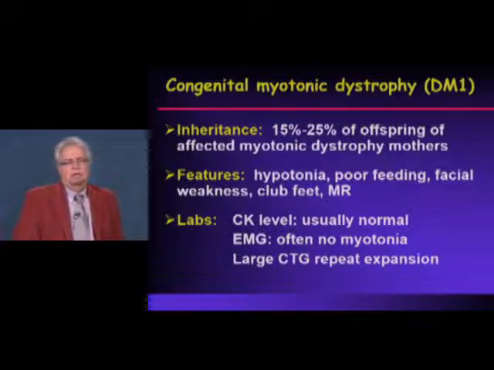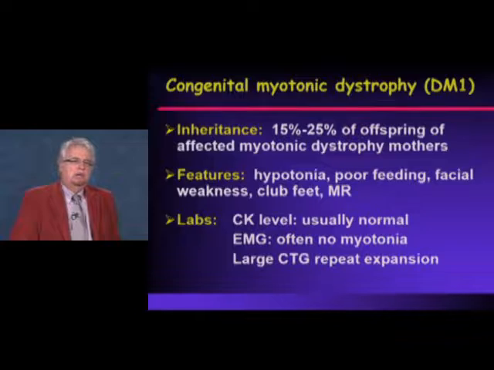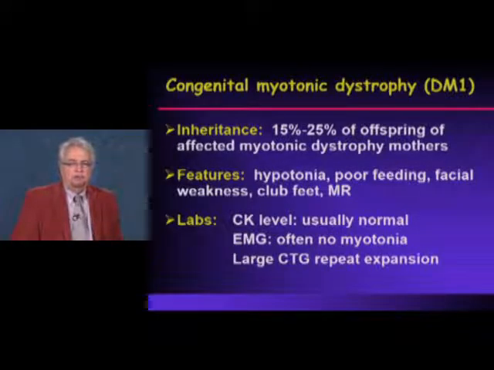We see sometimes babies in the neonatal intensive care units who have congenital DM1. These are infants who are born to mothers who have myotonic dystrophy. 15 to 25% of the patients born to myotonic dystrophy mothers develop this congenital form of the illness, characterized by low muscle tone, poor feeding, weakness, not only of the face but also of the extremities, club feet, and also developmental delay.